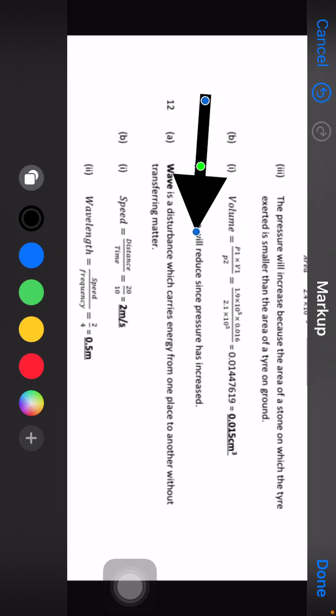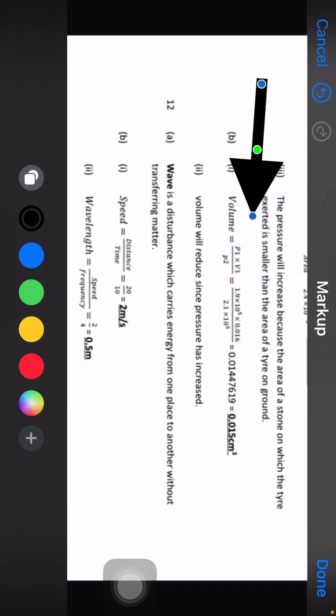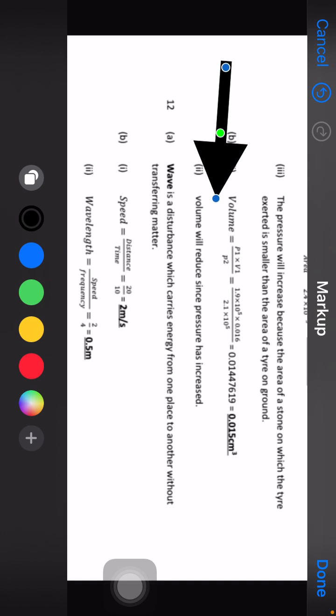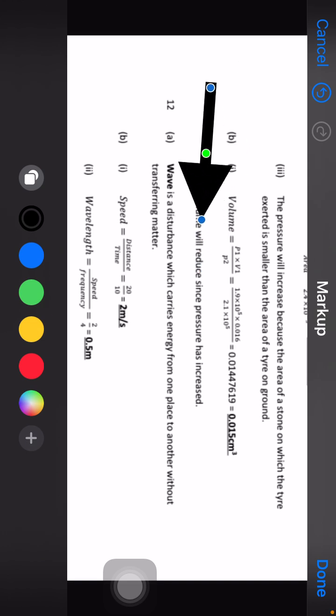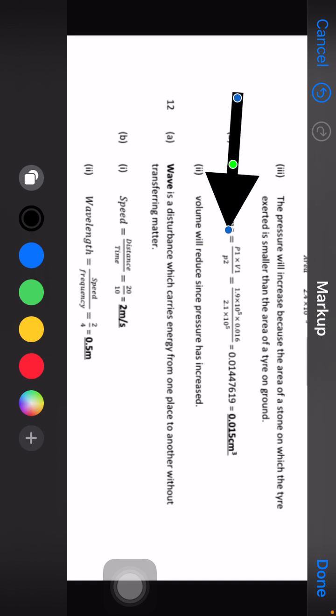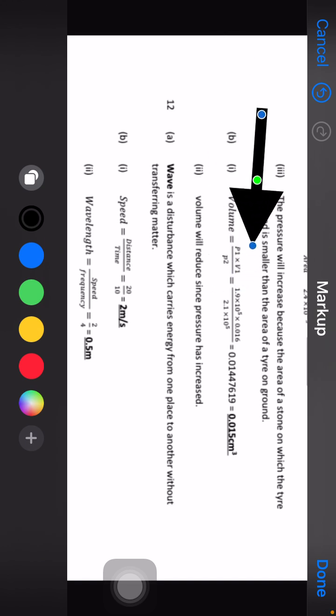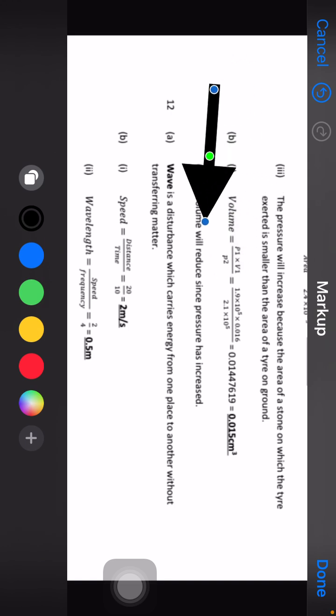That's how this formula came about. I do not have a drawing pad, I could have shown you properly, but I hope you get my explanation. The law used here is that P1 times V1 is equal to P2 times V2. Now, you have been given three quantities and one is missing. So you make V2 the subject of the formula, and that's how you get this formula right here.